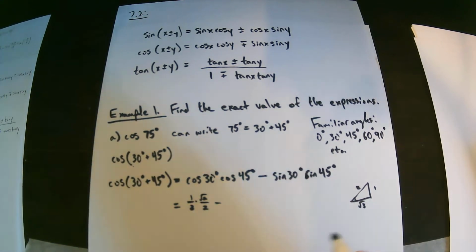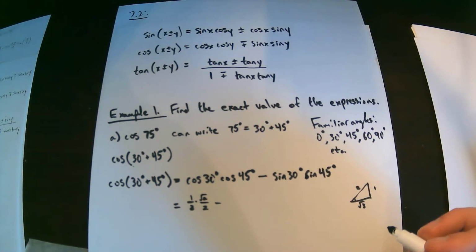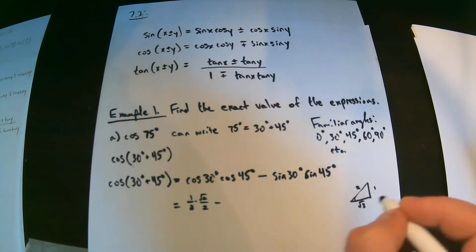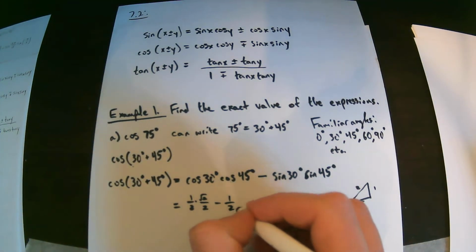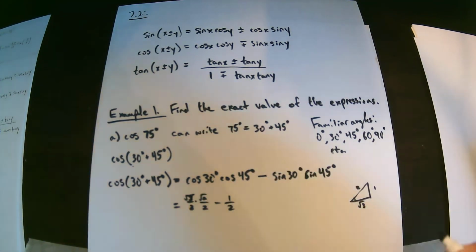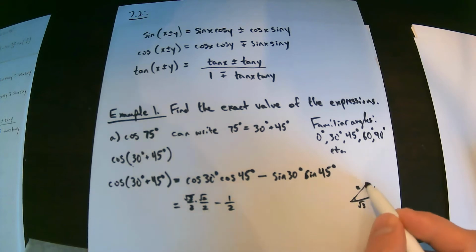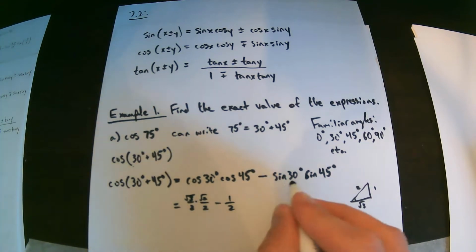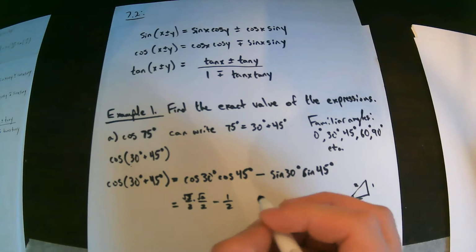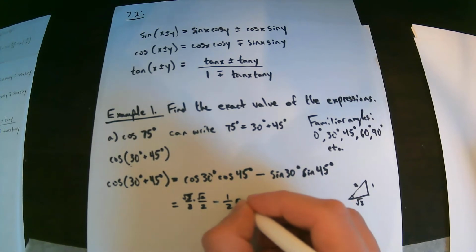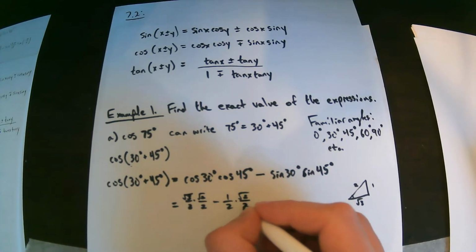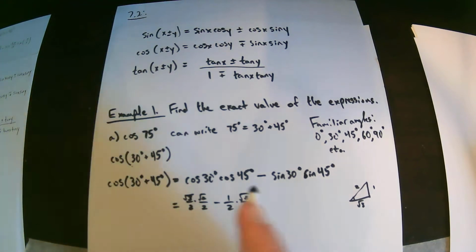And then minus sine of 30 degrees, which is 1/2, opposite over hypotenuse. And then sine of 45 is going to be root 2 over 2. And then the idea is to clean this up.